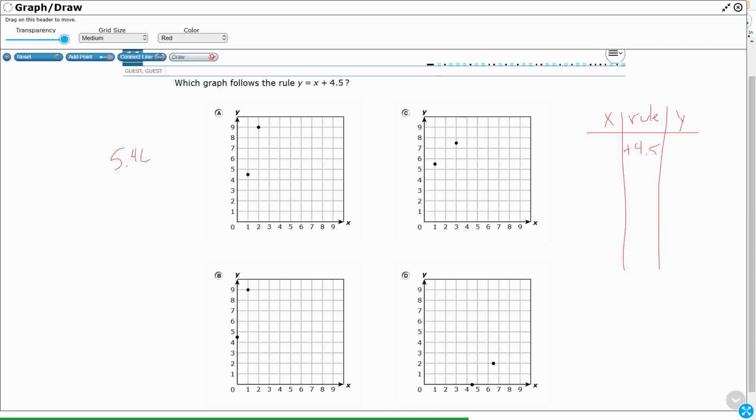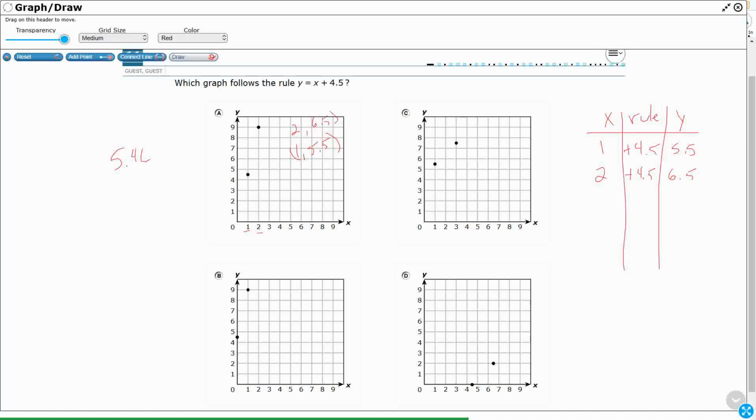All right, so it looks like I've only got some of my x's right here, so I'll just use these x's. I've got 1 and 2, so I'm going to add 4.5. So that means my x is 1, 1 plus 4.5 is going to be 5.5. 2 plus 4.5 is going to be 6.5. So I should be looking at 1, comma 5.5, and then 2, comma 6.5.